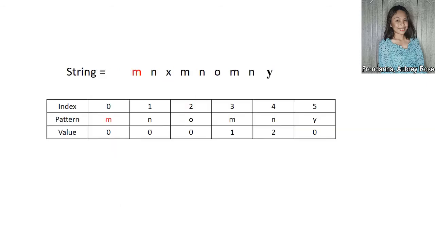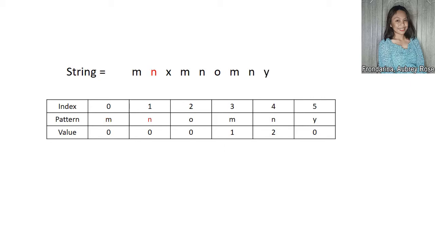Given the pattern and text, we need to know if the pattern exists in the text. What we usually do is start from index 0 of the text and index 0 of the pattern to compare. Since M and M is a match, we will compare the next letter in the pattern and the next letter of the text.